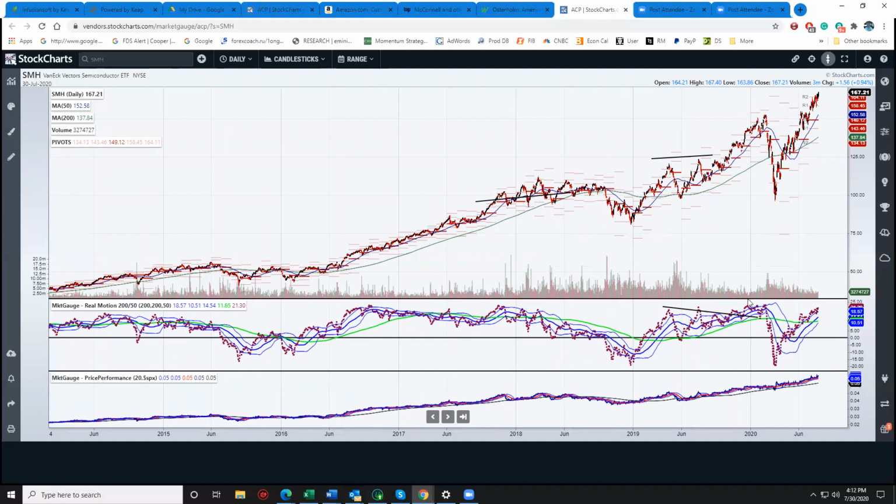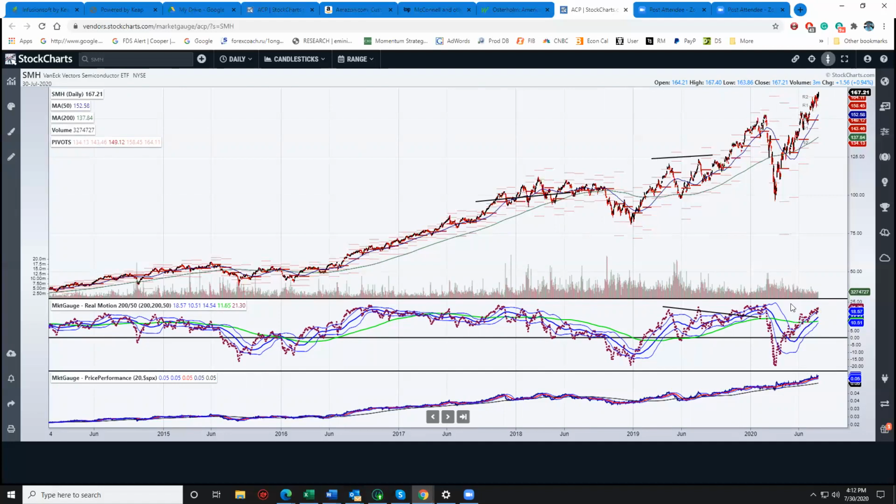As you can see here on our real motion, which is measuring momentum, in the early part of the year the momentum was pretty strong. And even though we're on new highs here, we still have not been able to get to the same level of momentum. However, at least on this shorter term move up here, we have kept up.